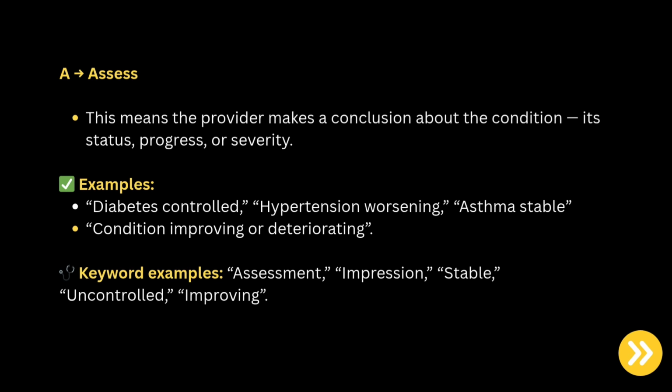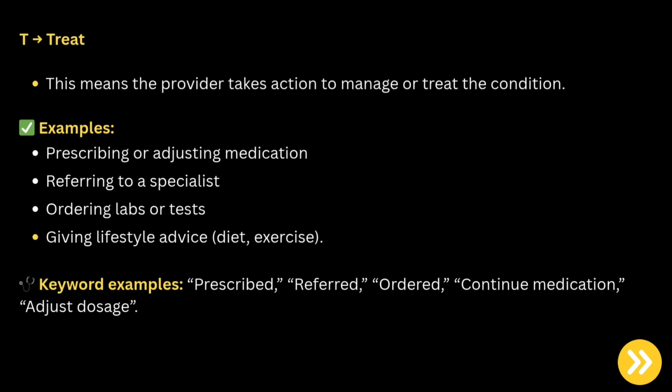This means the provider makes a conclusion about the condition, its status, progress, or severity. Example: diabetes controlled, hypertension worsening, asthma stable. So these are conditions improving or deteriorating. Keywords are assessment, impression, stable, uncontrolled, improving.